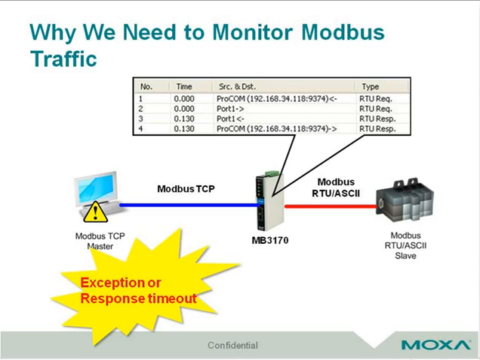At first, everything goes well, but then the SCADA reports an exception or response timeout, or maybe loses the Modbus RTU slave. How do you know which part of the topology could be wrong and made this error happen? Our MGATE MB3000 Series provides a monitor function for you to check the Modbus traffic, and you can know which part might be wrong.